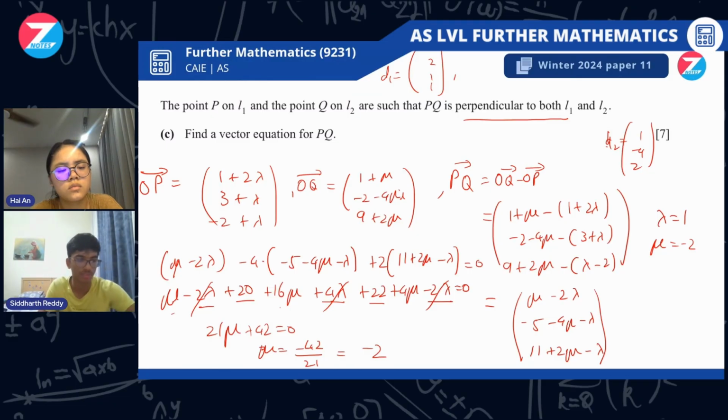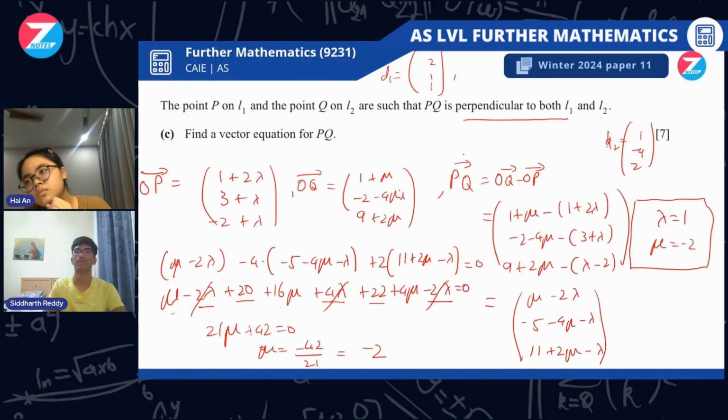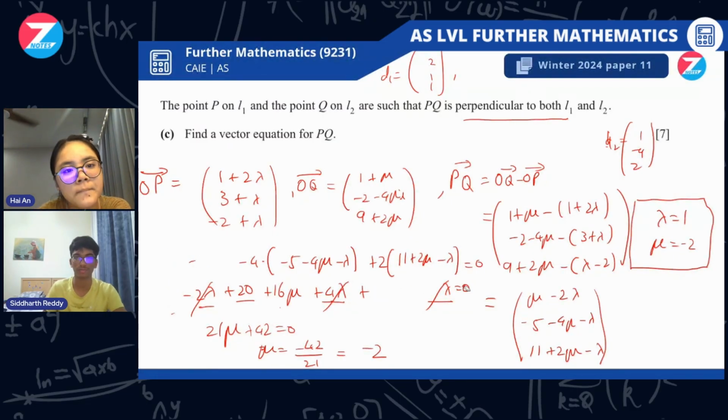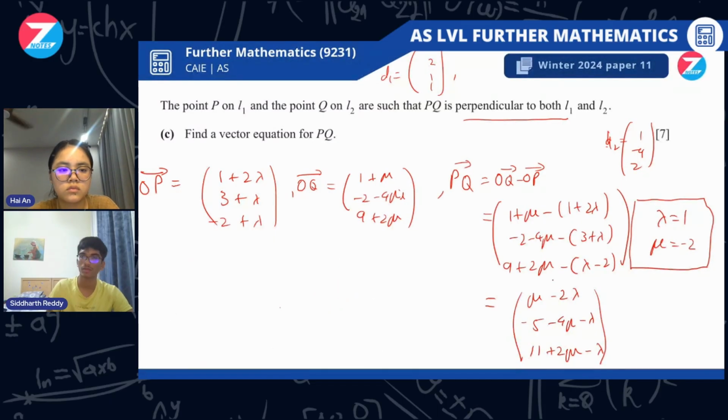Right, let me just put my laptop on charging. Okay, so now we've found the values of lambda and mu for which PQ is perpendicular. Let's substitute these back into PQ.